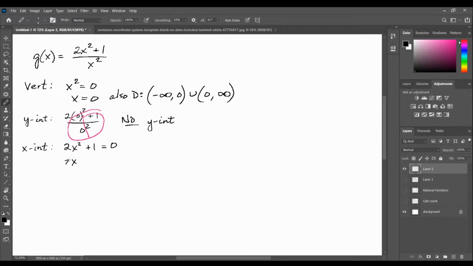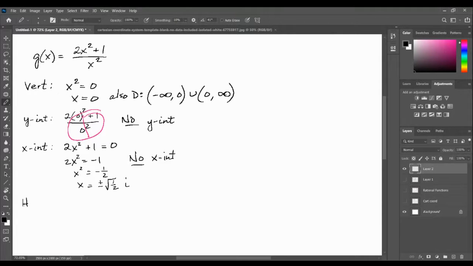We get 2x squared is negative 1, divide by 2, take the square root, and that's imaginary. So no x-intercepts, because x would equal plus or minus square root of 1/2 i. So no x-intercepts, it's imaginary.